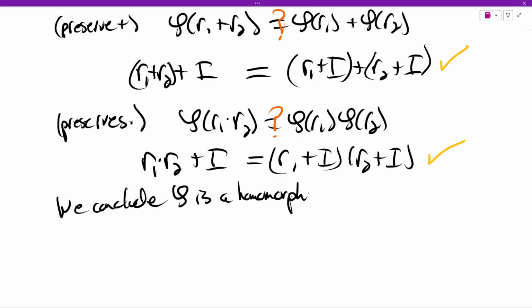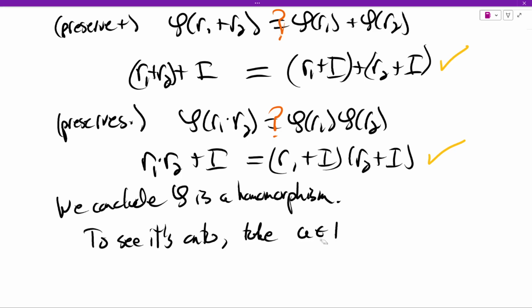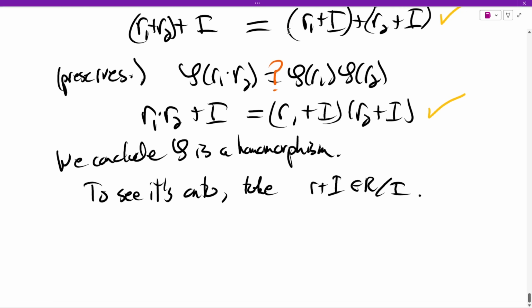Now we have to check that it is an epimorphism, that is, it is onto. So to see it's onto, we have to take any element of the codomain. Take some r plus I in R mod I. And we have to show that that comes from something in R. Well, phi of r is r plus I. What should it come from?